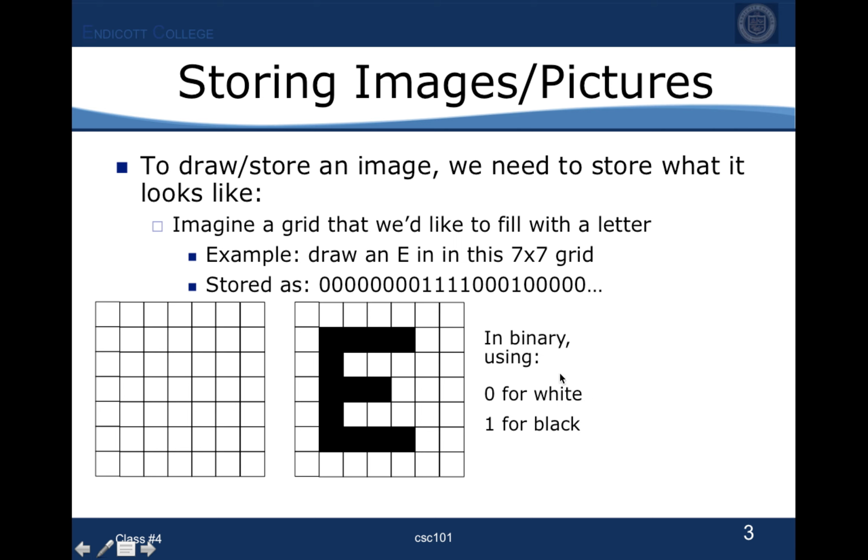Well, let's think like a computer and say I can think about some of the boxes being white and some of them being black. And maybe I might consider, if I'm thinking about binary, a box that's white could be coded with a 0, and a box that's black could be coded with a 1.